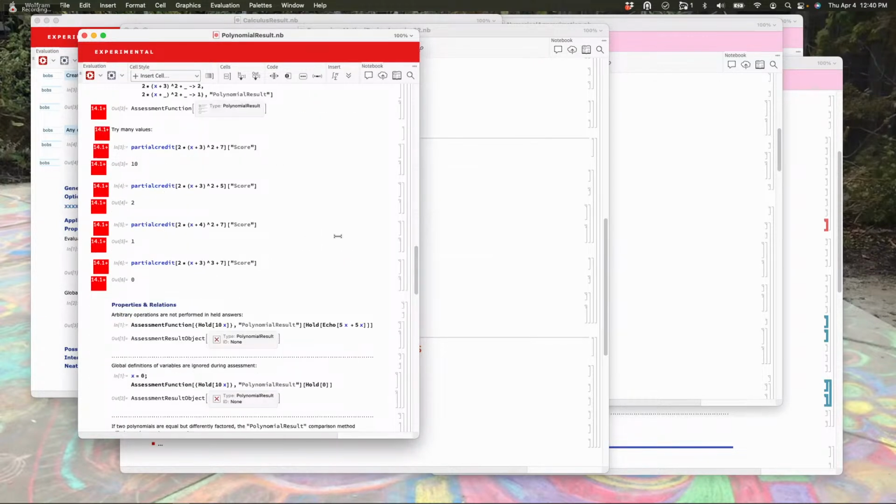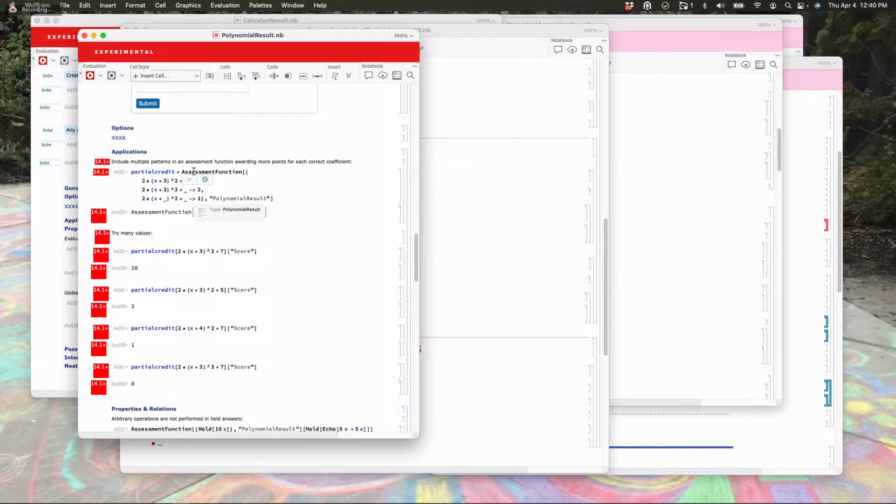If you have some coefficients right, but not others, you can get awarded some credit. That's complicated, and this kind of just completely fell over in version 14.0. And now it works well.